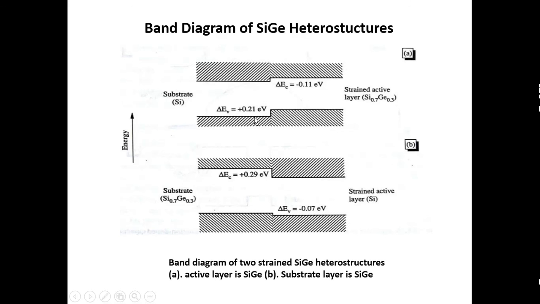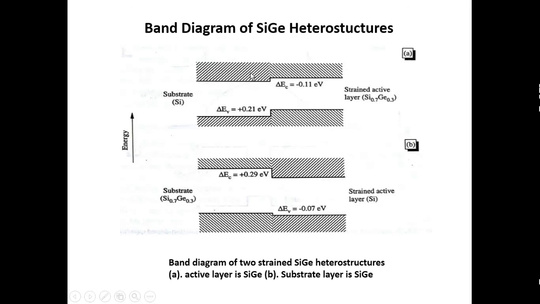Here the layer which is grown over the substrate is Si-Ge, where silicon is almost 0.7 and germanium is 0.3. Follow my point.